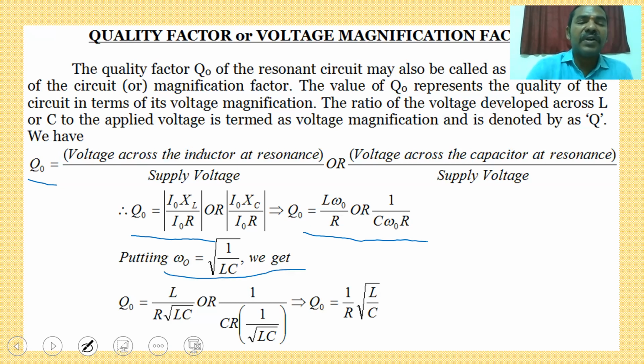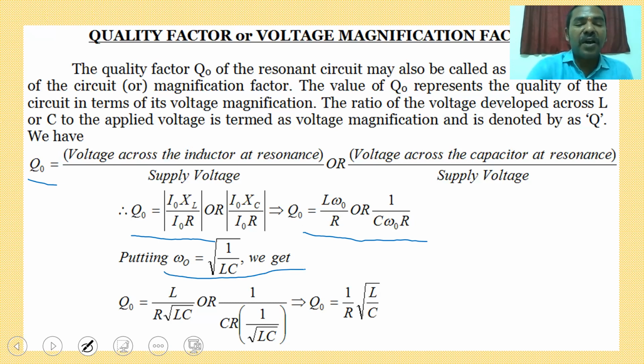The resonating frequency is root of 1 by LC. If you substitute in the above equations, Q naught is equal to L divided by R into root of LC, or 1 by CR into 1 by root LC.